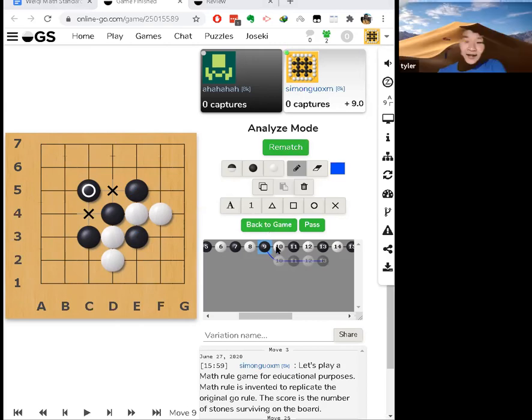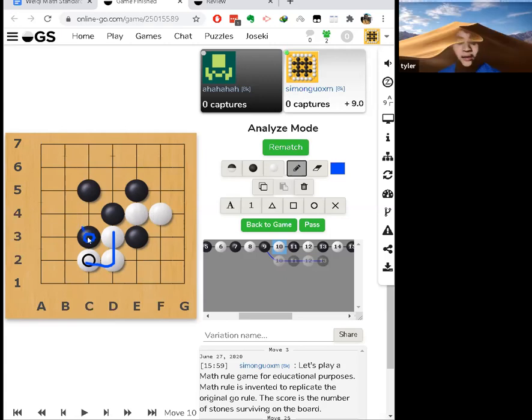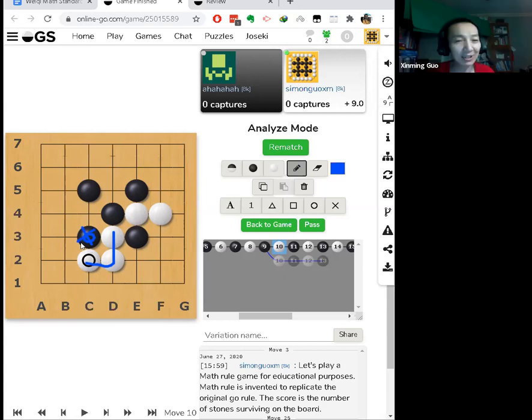Okay, and then it's white's turn. White plays here to try to increase the qi of this string and also decrease the qi of this one. Now this black has two qi. Is this black in danger? Is this a red alert?